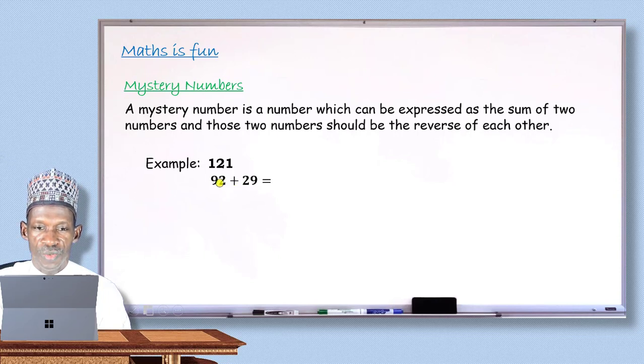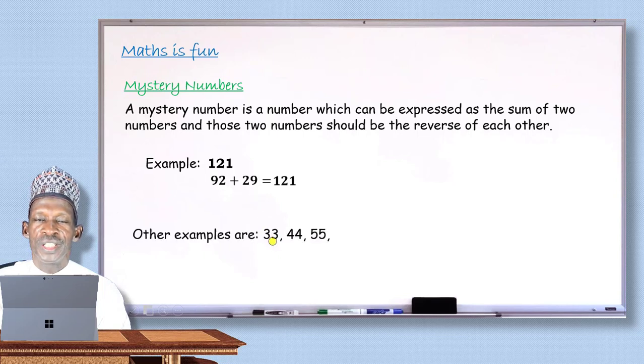If I add 92 and 29, the result gives me back this 121. So 121 is a mystery number. Let me just give you other examples of mystery numbers. You have 33 is a mystery, 44 is a mystery, 55 is another mystery number, and many more mystery numbers.